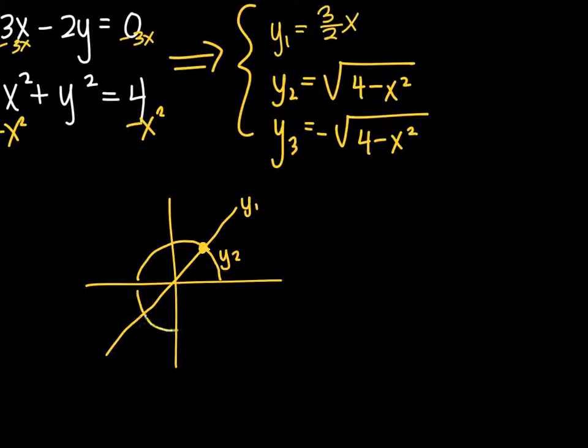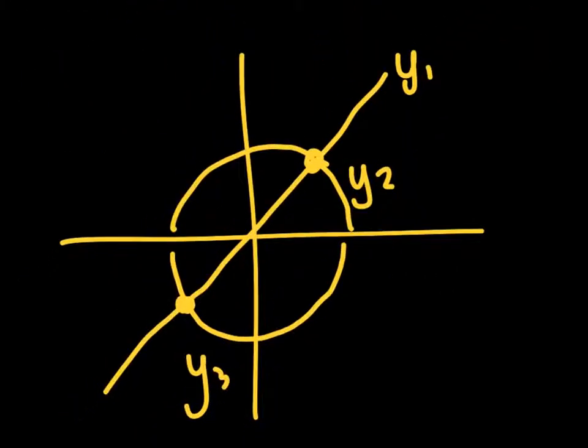And then this one right here, that's which one? That's the y3. And so this dot is where what two things cross each other? y1 and y3. So this one is y1 intersecting y3 right there. And this one right here is y1 intersecting y2.